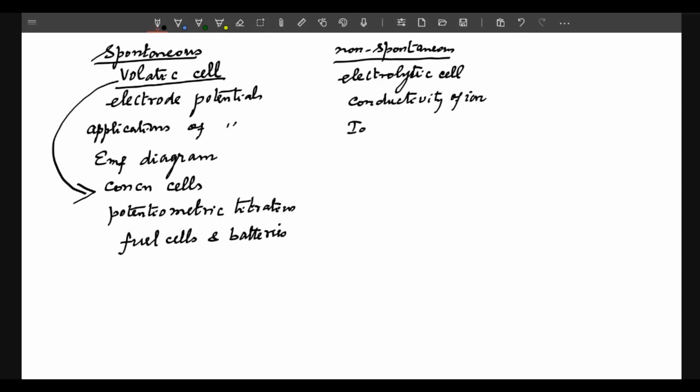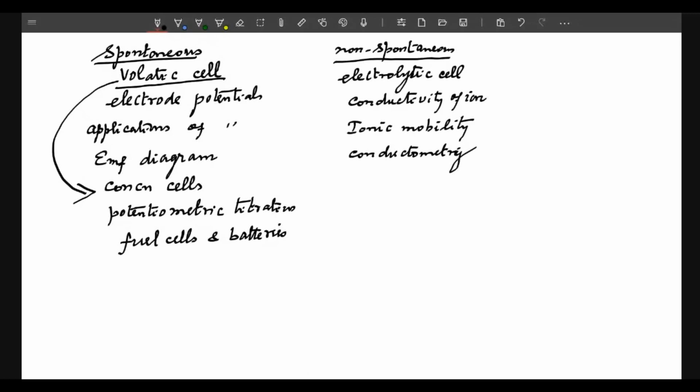What is the difference between ionic mobility and the speed of an ion? We're going to study this very quickly. And then the application where non-spontaneous processes, conductometry, conductometric titration, or conductometry in simple terms. If you cover all these four topics, you will finish the non-spontaneous chemical reactions.